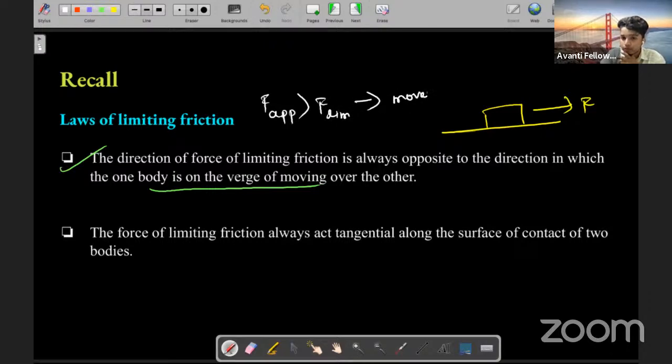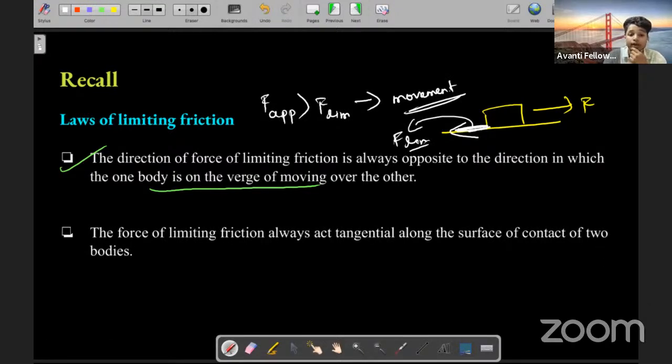Then the limiting friction acts, F limiting, in the opposite direction, which is basically opposing it.